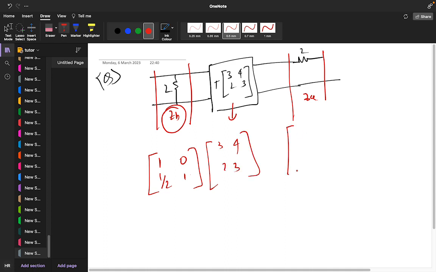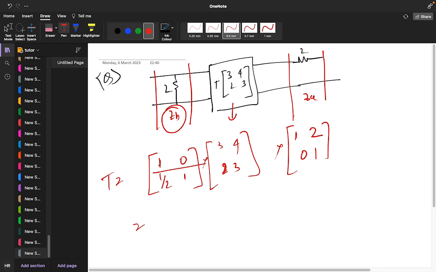And what was the result of this matrix? 1 ZA means here 2 is given, and it is 0 and it is 1. Multiply this and get the result. If you multiply this, what will you get? 3, this is 2.